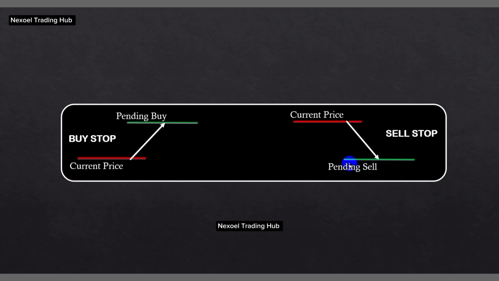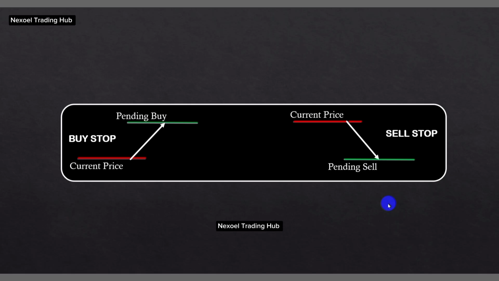So you now set your pending order below the current price, believing that if this market is going to continue the movement to the downside, then when the market gets to your pending order, the market is going to activate your sell stop, which is actually your sell order, and then price continues to the downside to your expected target price.